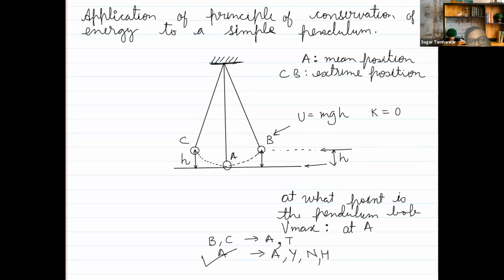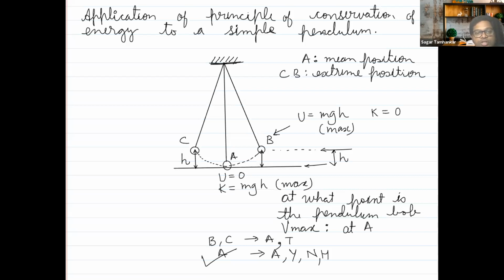Now, instead of writing mgh, you can write maximum as well. Also, at this particular point A, your potential energy will be zero because the body is at the bottom of the reference line. And at that time, your kinetic energy will be maximum.